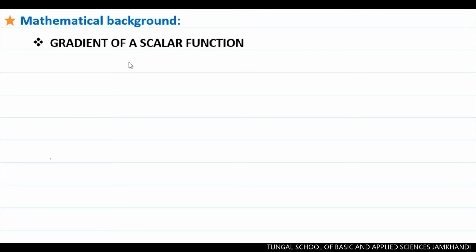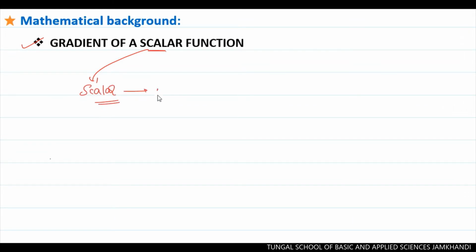So first, among all those concepts, I want to discuss the gradient of a scalar function. You already know what is meant by scalar.